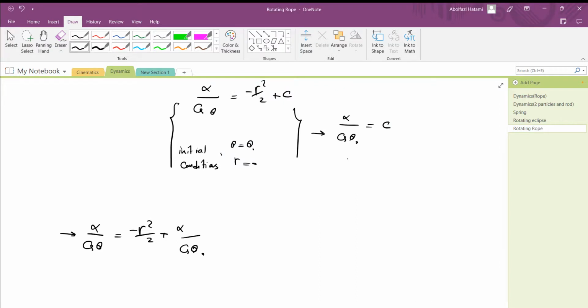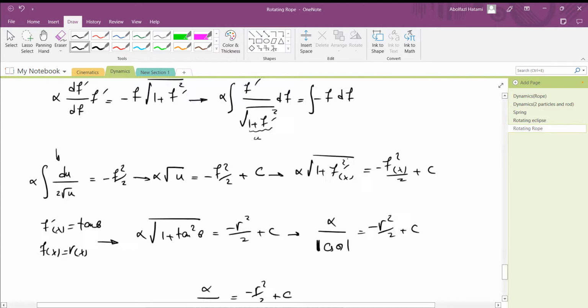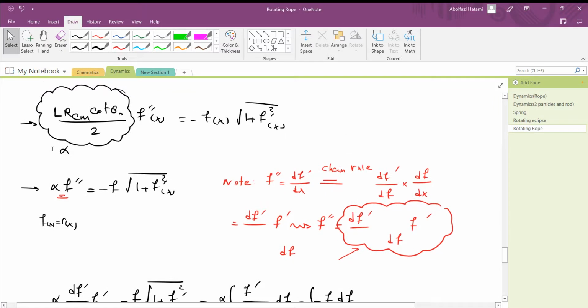So r squared divided by 2 is just alpha times 1 over cosine theta 0 minus 1 over cosine theta, and I can say that r squared is just 2 alpha, which alpha was just this.